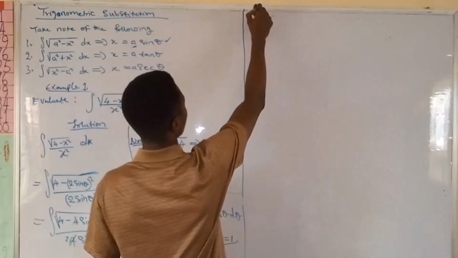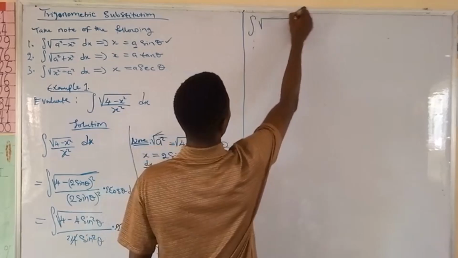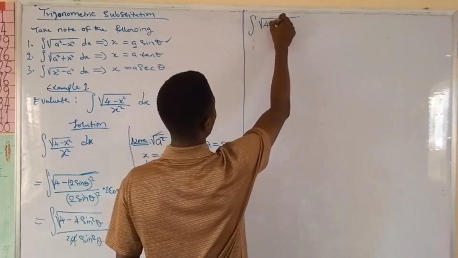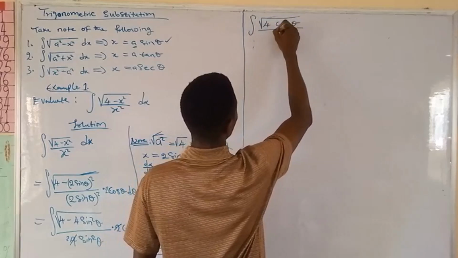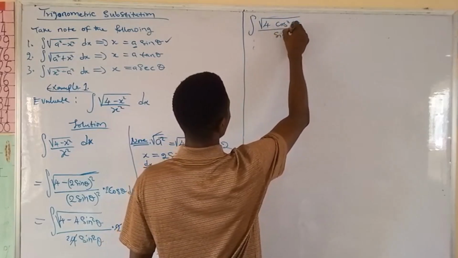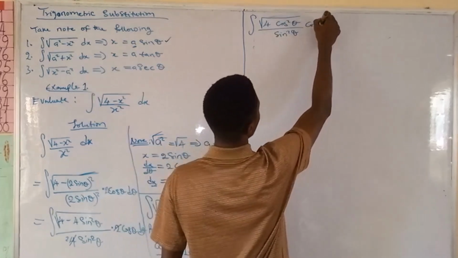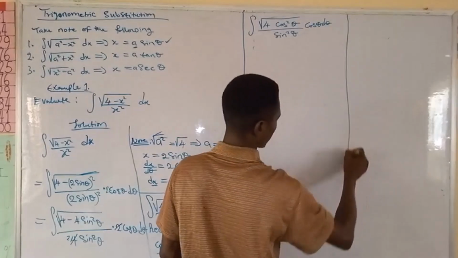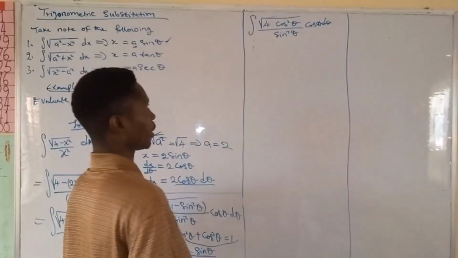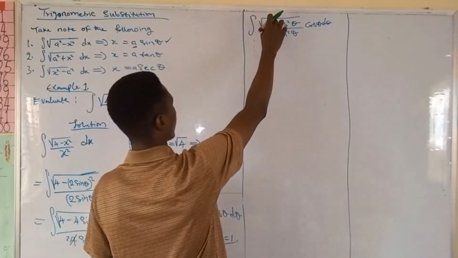So this is going to give us the integral of the root of 4 cos square theta all over sin square theta cos theta d theta. Okay? So now at this point we can take root of what we have here.